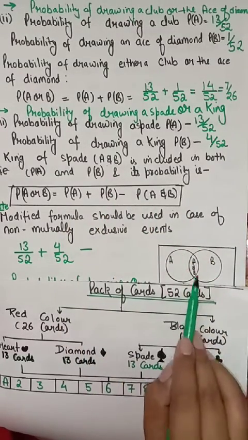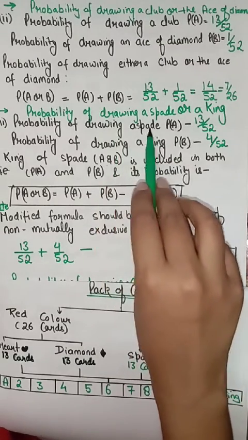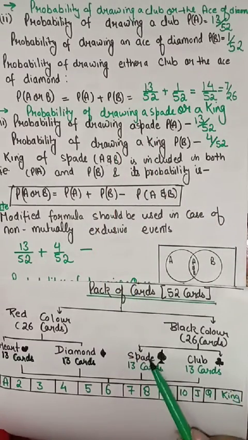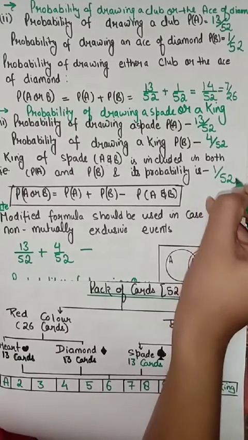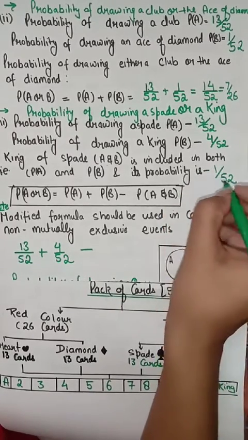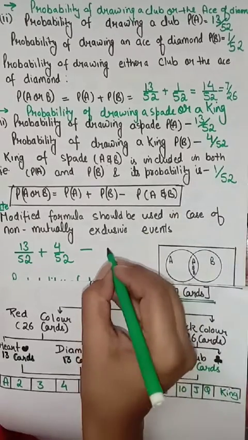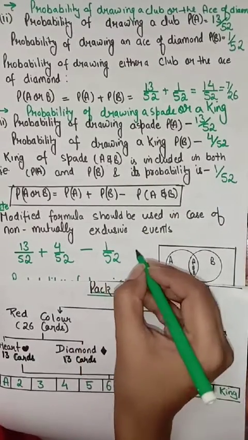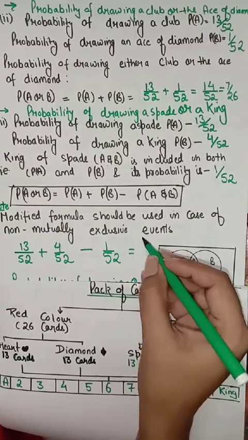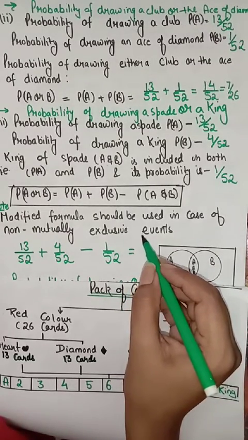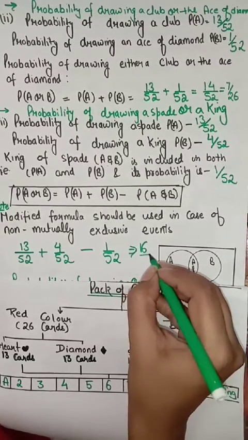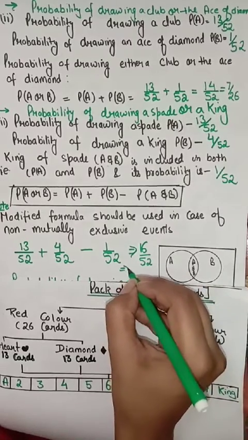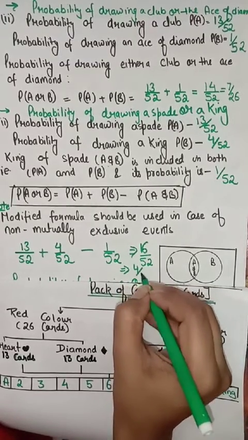There is one such condition, drawing a spade as well as a king, because in the spade cards there is only one king. This condition is denoted by 1 by 52: the number of favorable events is 1 and the total number of events is 52. We deduct this, and solving it comes to 16 by 52, which is 4 by 13.